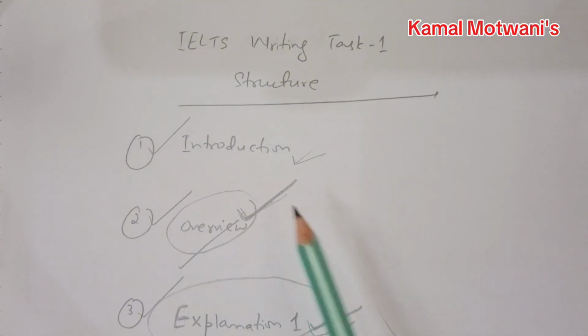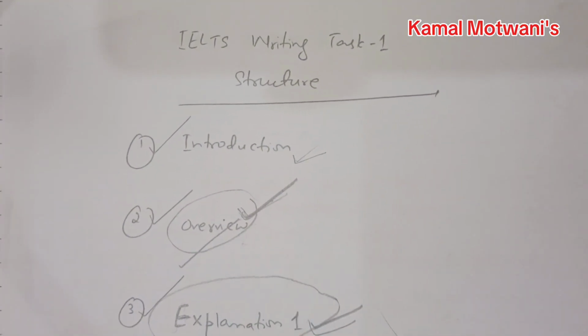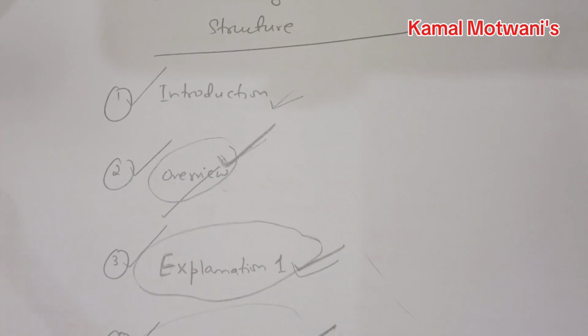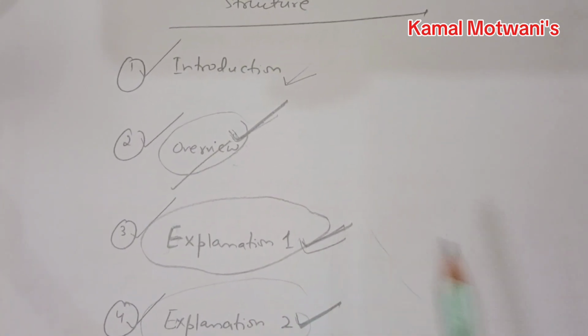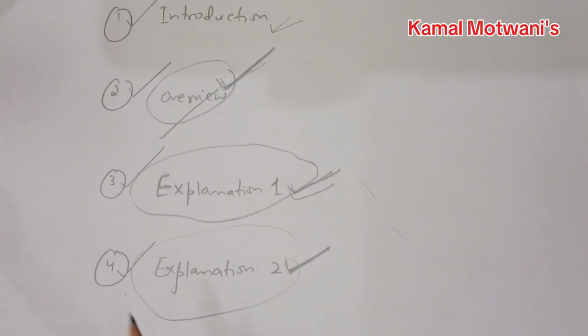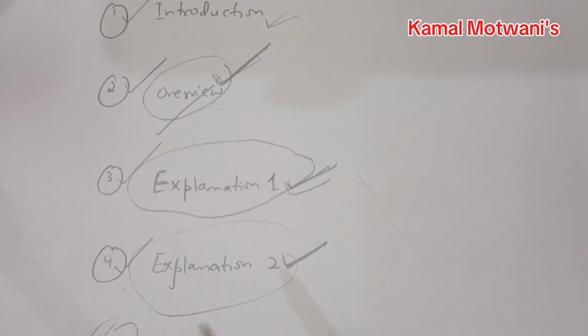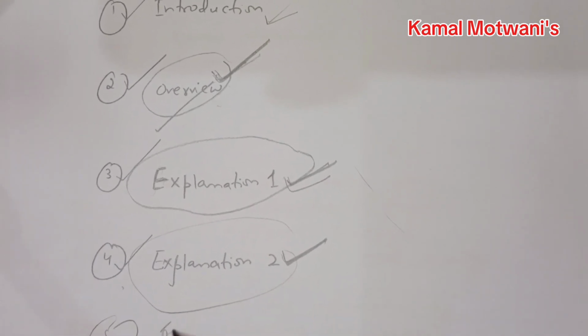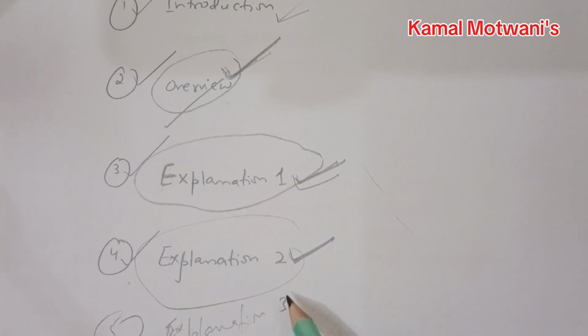We give the overall view in this second paragraph, and we call it the overview. In the third paragraph, we write explanation 1 or description 1. In the fourth paragraph we write explanation 2 or description 2. Now it varies here, we may write explanation 3 in the fifth paragraph.